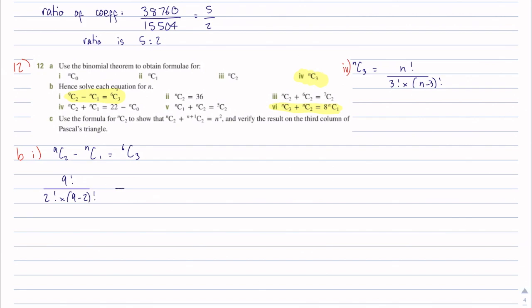We've got nC1, which is n factorial over 1 factorial times n minus 1 factorial, equals 6 factorial over 3 factorial times 6 take 3 factorial.